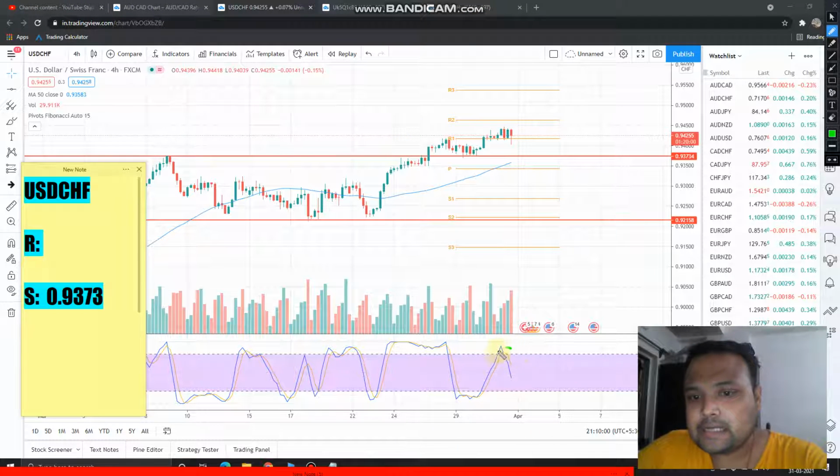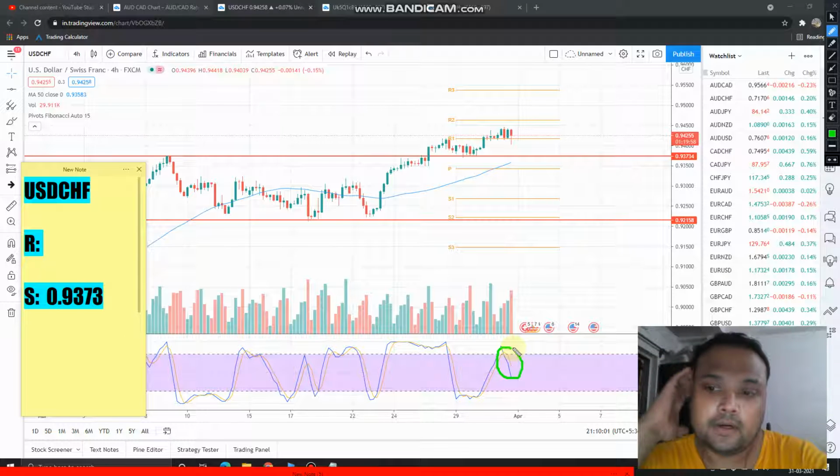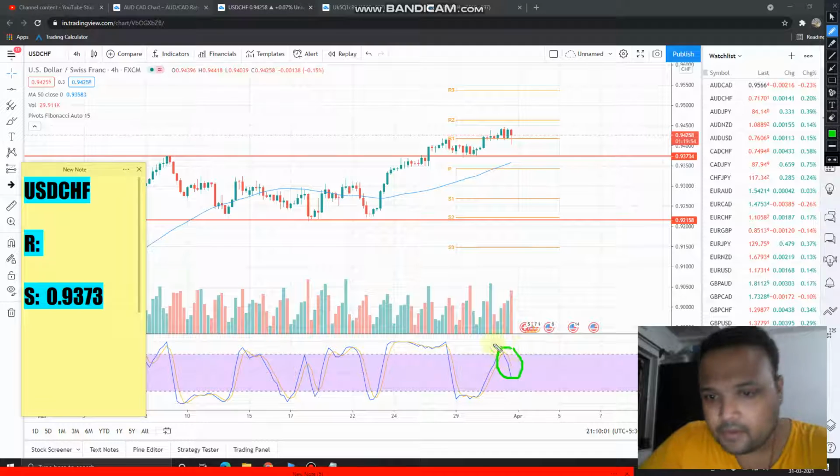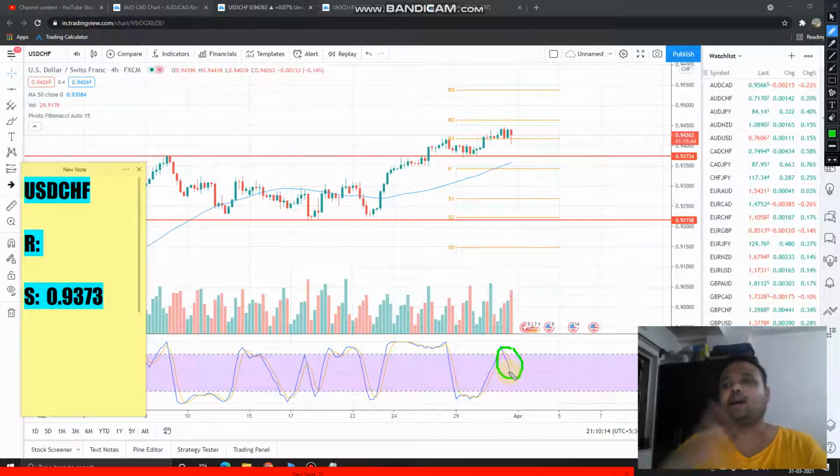As you can see, the stochastic RSI is going towards the downside after reaching the overbought zone. As we all know, it is an oscillating indicator. Its duty is to go up and down, isn't it? So let's wait for the stochastic RSI.